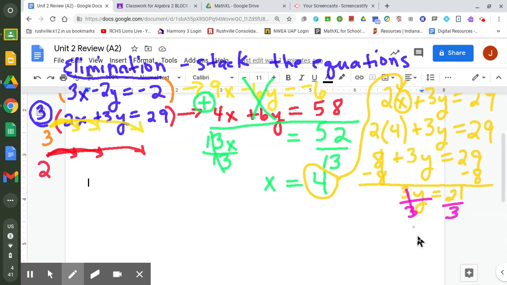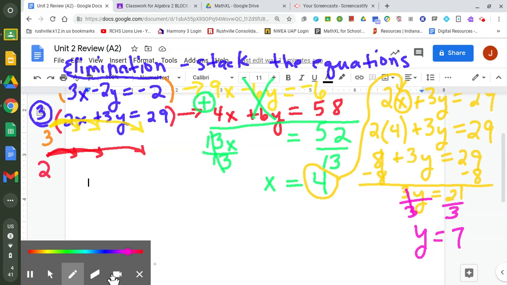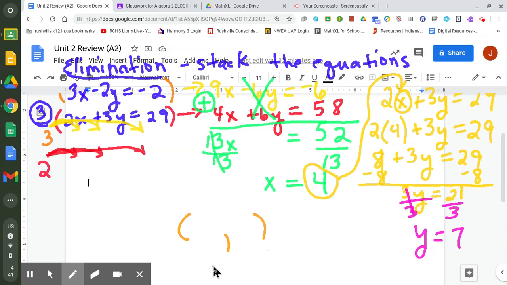So we got y equals 7. So our final solution is an ordered pair. We put the x first, which is 4, the y second, which is 7. And that is our solution to that system of equations using elimination.